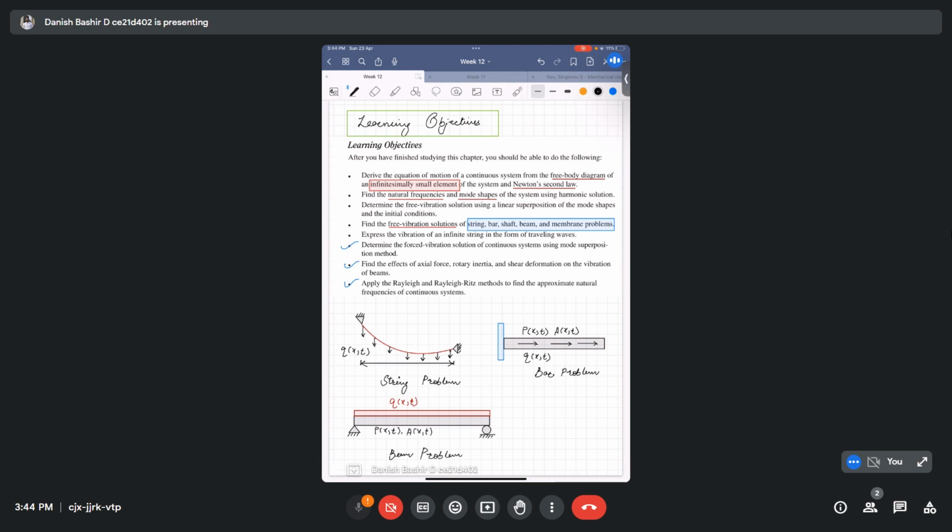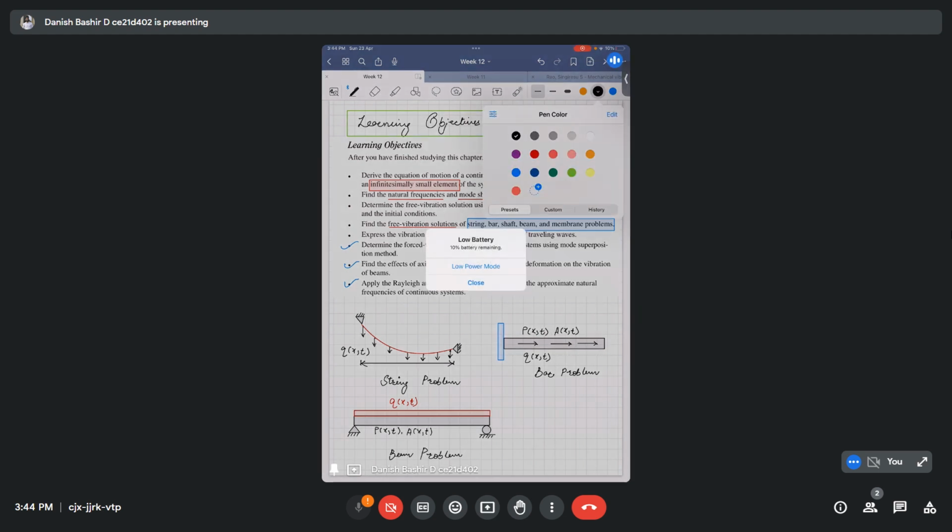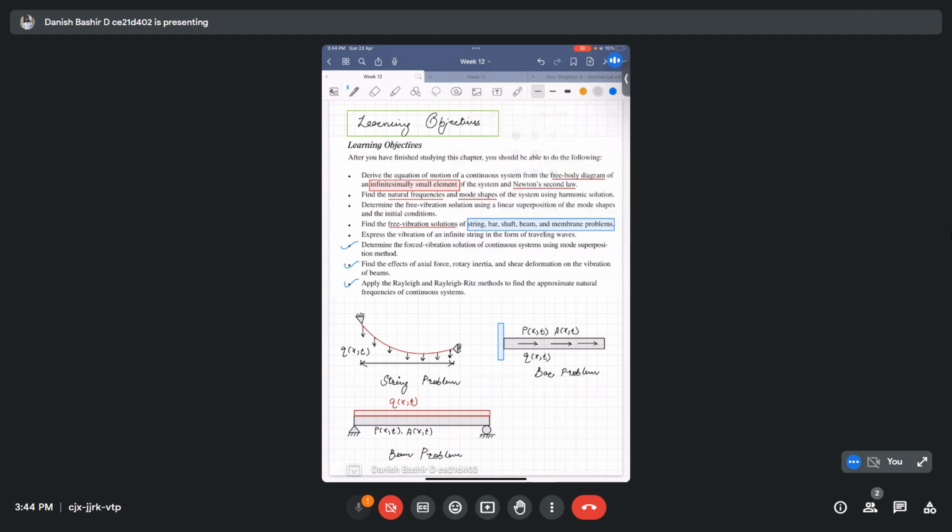There are other continuous systems like the stretched membrane problem, the rotating shaft, or the vibrations of columns as well, but we will not be discussing those because I think we don't have that much time. So these are just the basic things we will be discussing today.